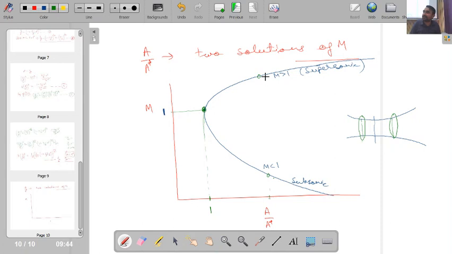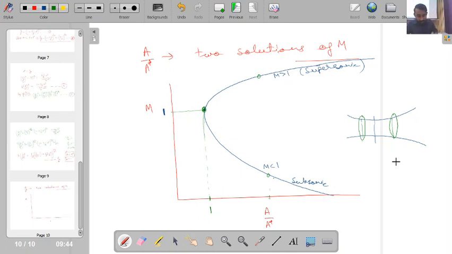Is this point clear? So from this understanding, if I know the ratio of A by A star at any point, I can calculate the value of M. So at every cross section my value of M will be known to me.